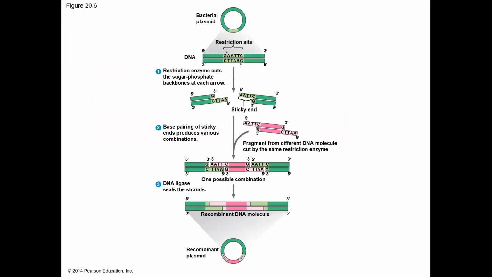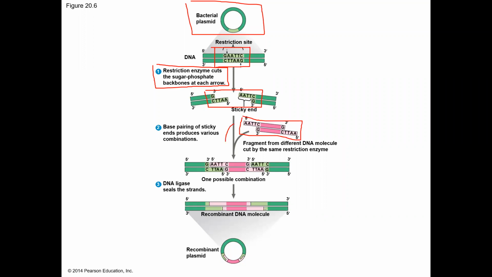So again, you have your bacterial plasmid, you've isolated it, you know what your restriction site is. You're going to cut it with a restriction enzyme that you know is going to cut there. It's going to leave you, again, with these sticky ends, as we can see here, little overhangs. You cut your gene of interest from another organism with the same restriction enzyme.